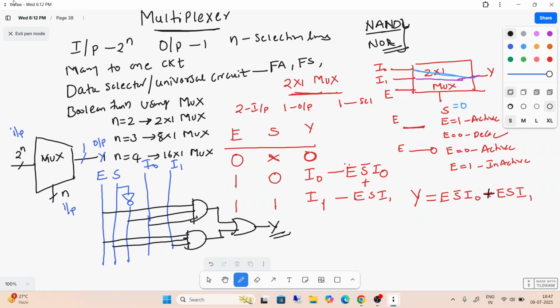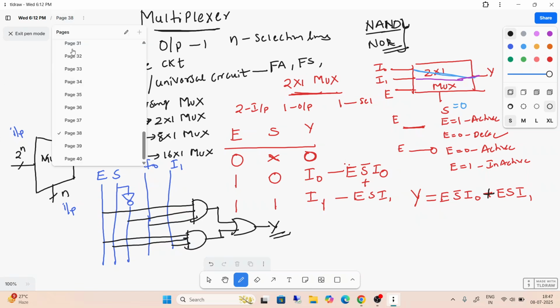Yeah. Next, I want to implement a 4 cross 1 MUX. How many inputs are there? 4 inputs.